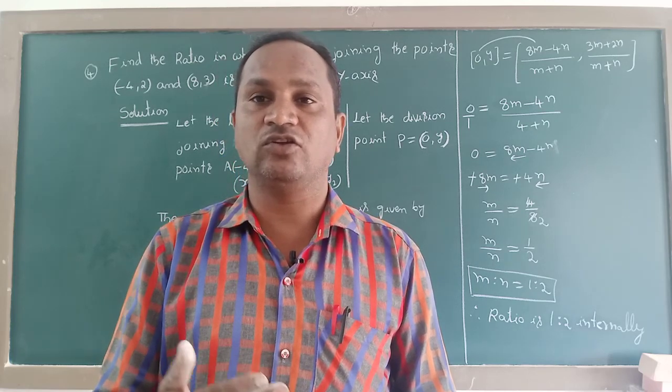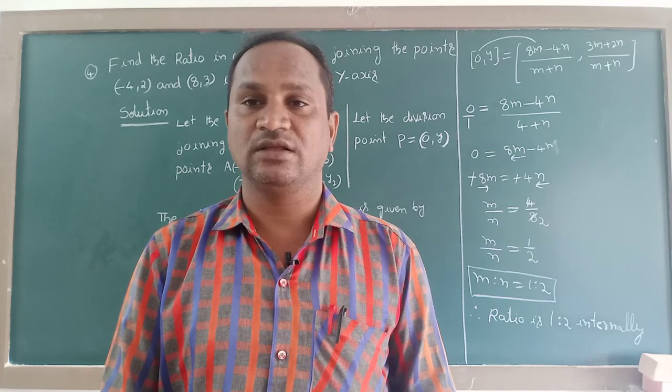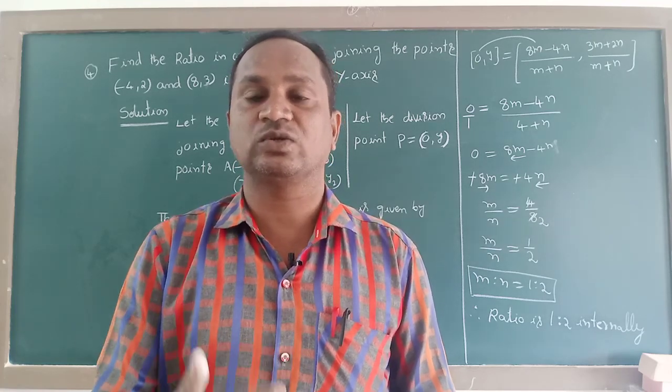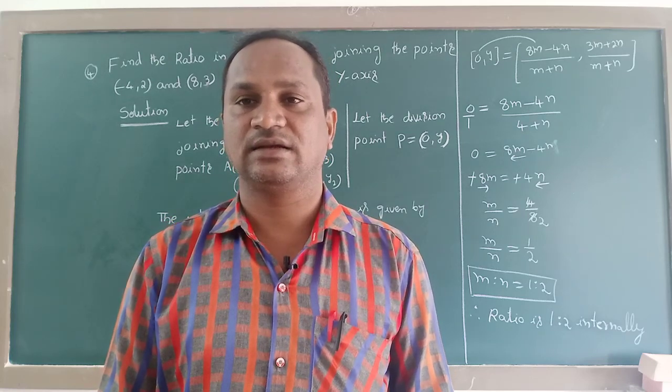Along with that, I'll tell you about trisection: what trisection is and how to solve problems on it. We will discuss that in the next class. Thank you very much.